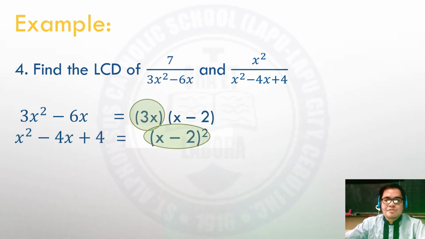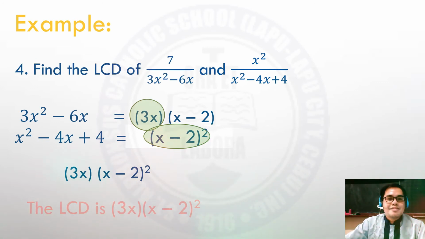Since one of the factors is in two terms, which is x minus 2 squared, do not get their product to combine, but instead just write the two factors accordingly, which are 3x and x minus 2 squared, and the LCD is 3x times the quantity of x minus 2 squared.